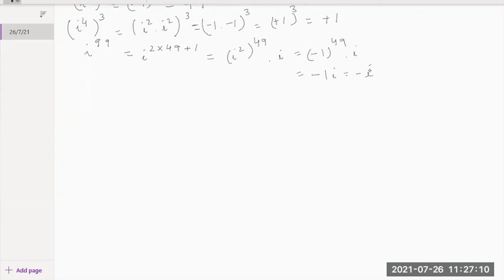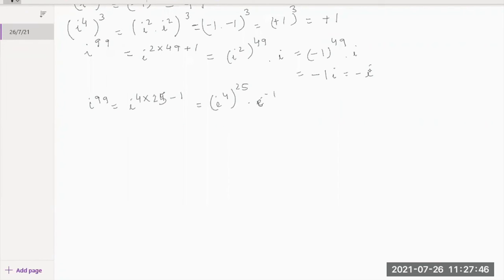Now, if I want to use it in terms of 4, i to the power of 4 times, I can write it as 24 times gives me 96. Okay, wait, make this as 25 minus 1. I could do like this. I get i to the power of 4 to the power of 25, times i to the power of minus 1.